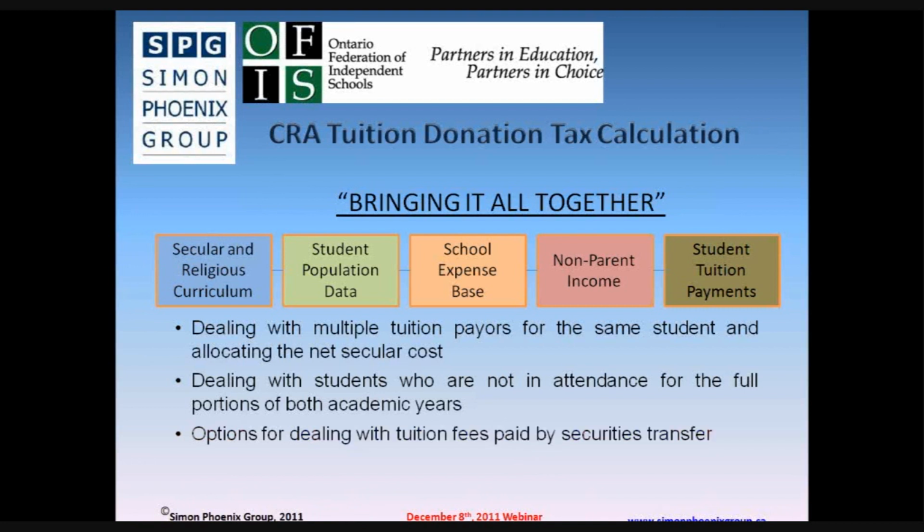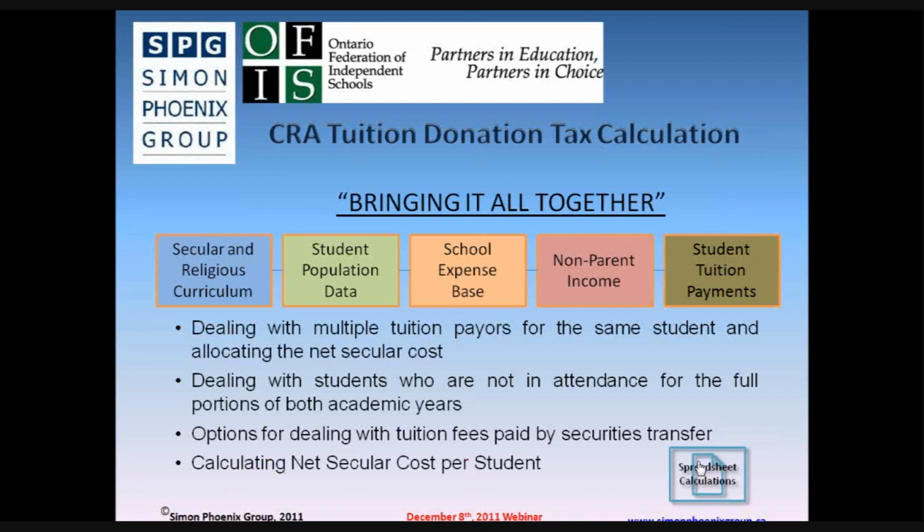You need to be able to, as I noted, deal with the securities transfer issue, and there are some schools out there that simply don't allow payment of tuition by securities transfer at all. Some schools allow it up to a certain percentage, so that they know that they're not going to run into the problem of over-receipting for tuition payments.